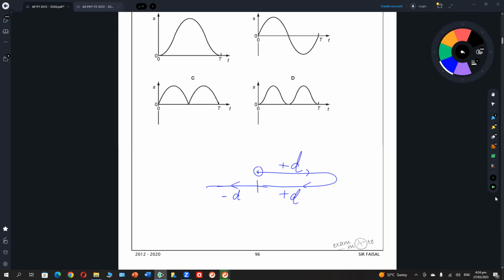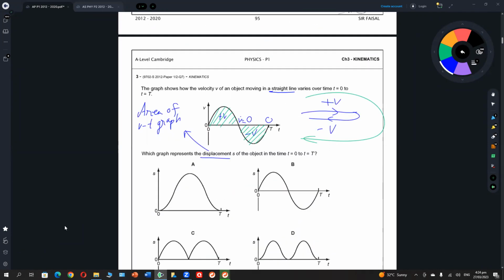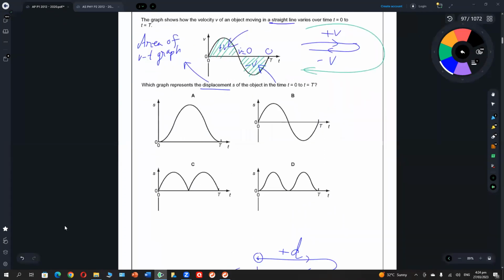If it crosses beyond this, because both the green areas are equal. Both the green areas, you can watch, travel forward and travel backward an equal amount. So displacement can't be negative.